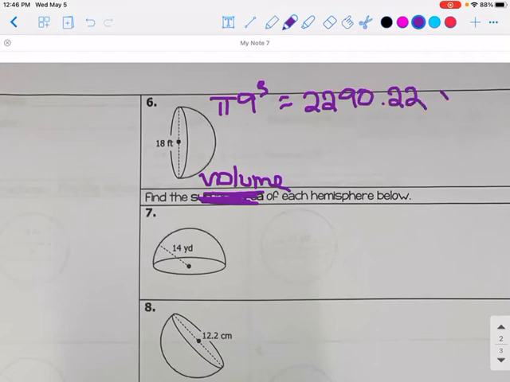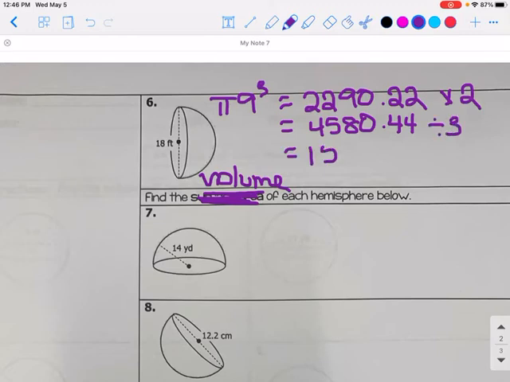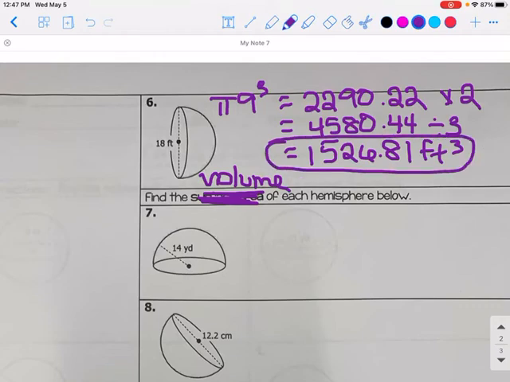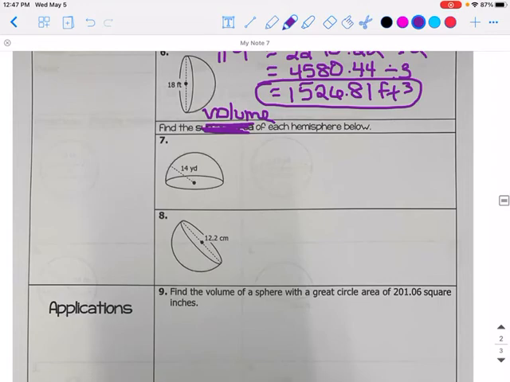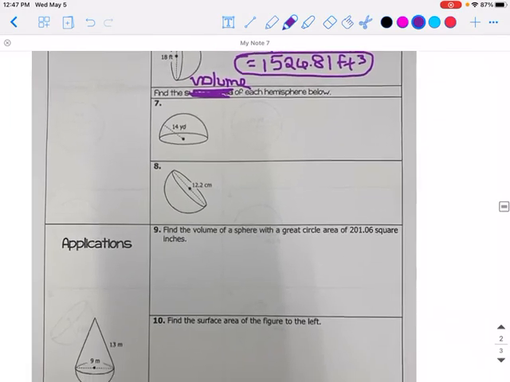It's a hemisphere, so times by 2. Divide by 3. This is feet cubed. Okay. Go ahead and do 7 and 8 on your own. Find the volume of those two hemispheres. I know you guys can do this.